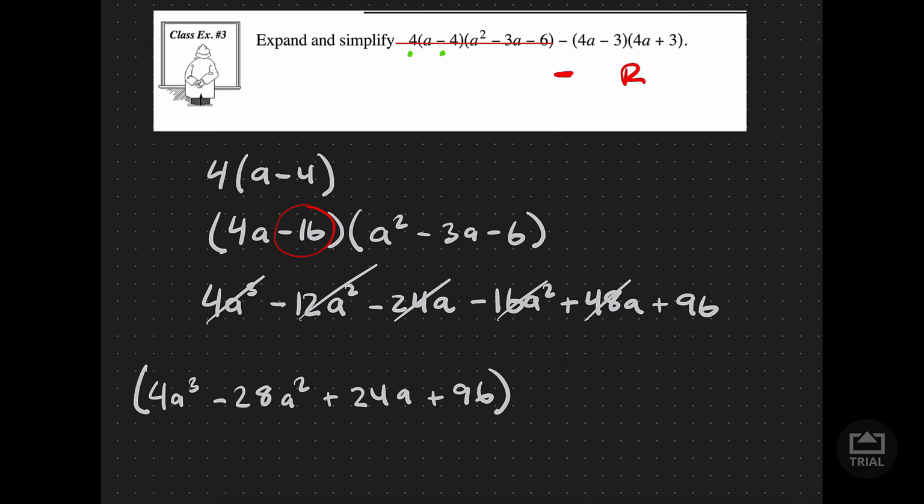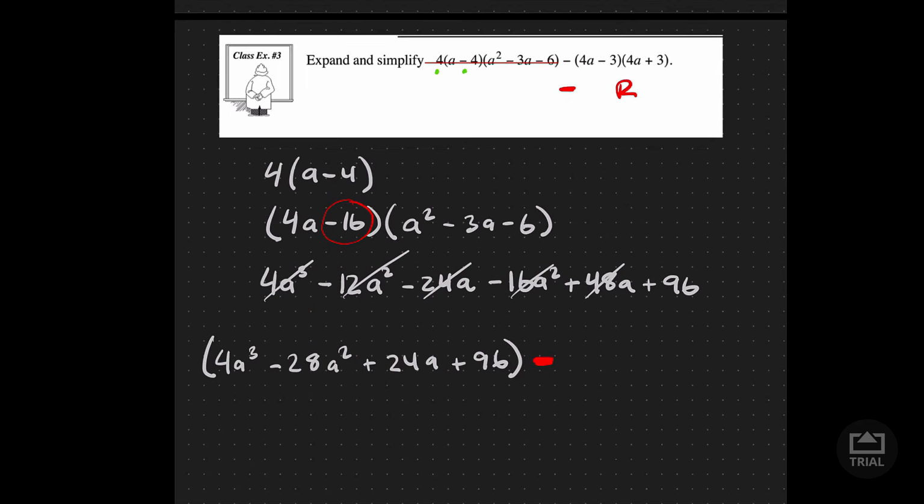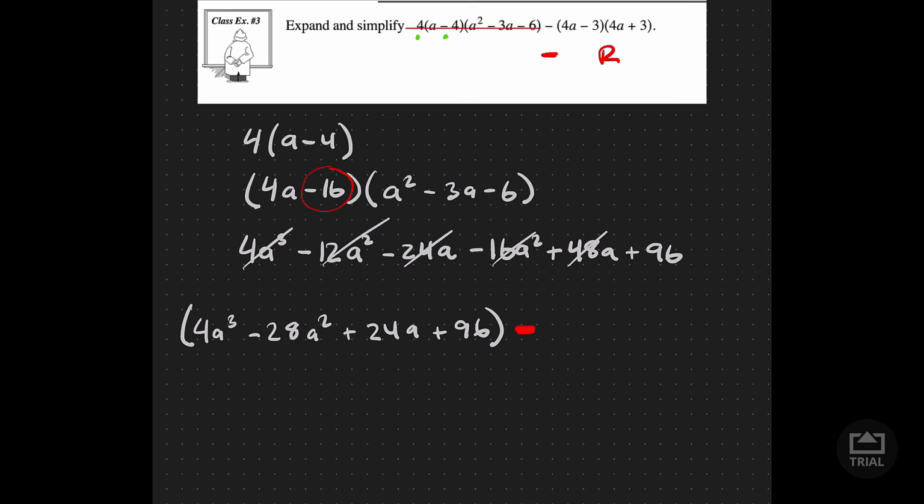And don't forget, we are going to subtract whatever we get on the right side here. So let's deal with the right side, which is going to be 4a minus 3 times the 4a plus 3.